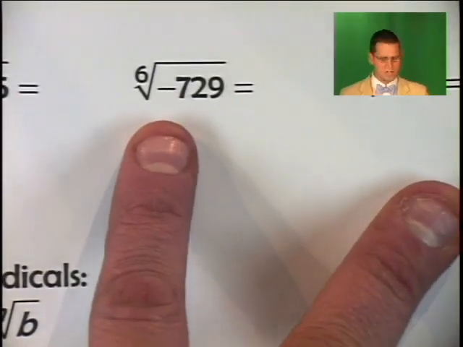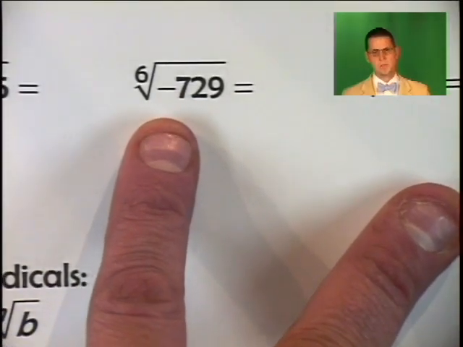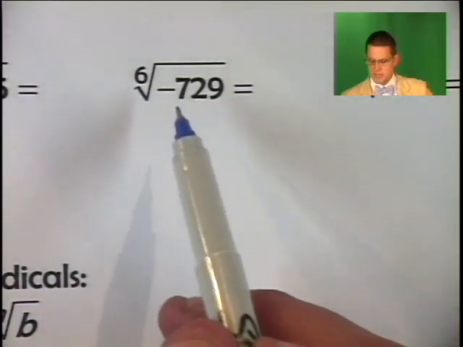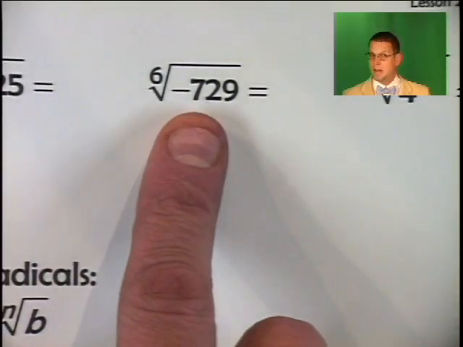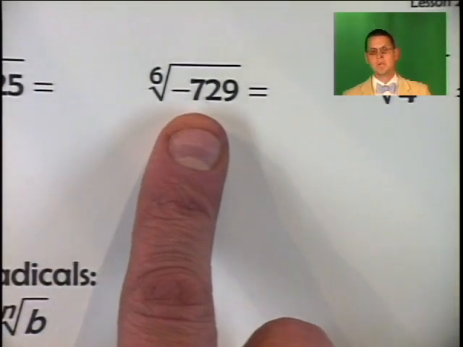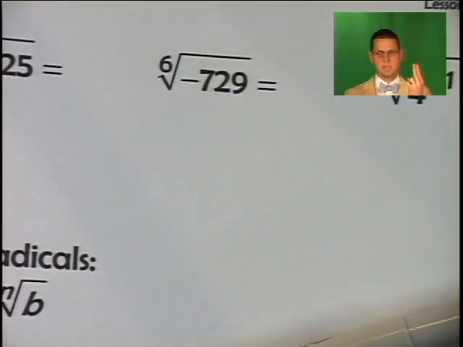All right, what about this one? The 6th root of negative 729. Ooh. Well, that's taking the 6th root of a negative number. That means that some number times itself 6 times has to be negative. Negative times negative is positive. Negative times negative is positive. Negative times negative is positive.